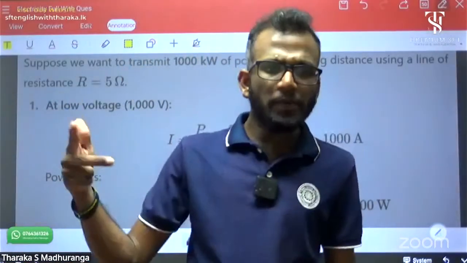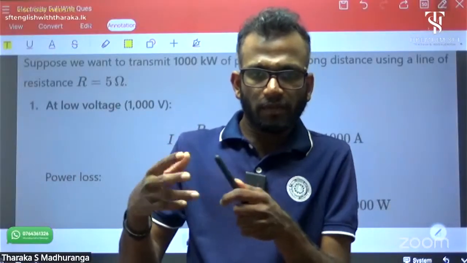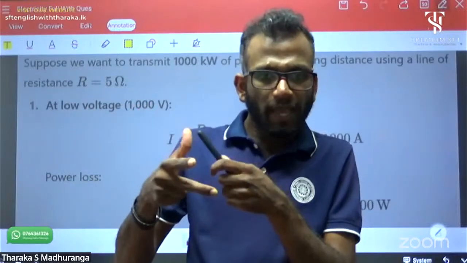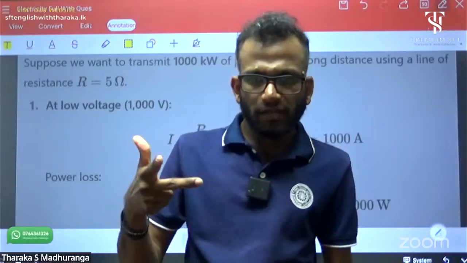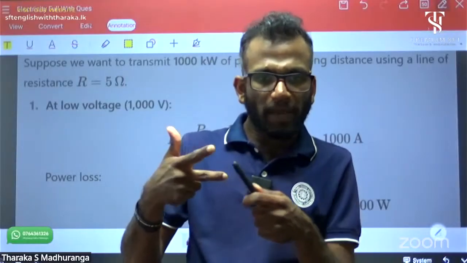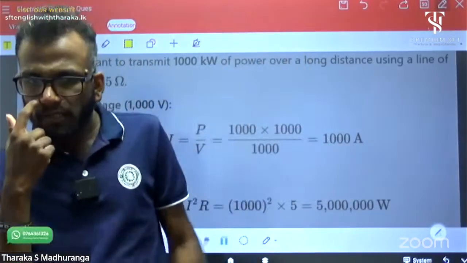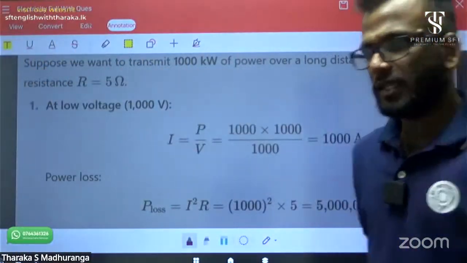But it is very simple, no? When we place those three fingers perpendicular to each other, this is the magnetic field, force and current. That's all. But it is easy.